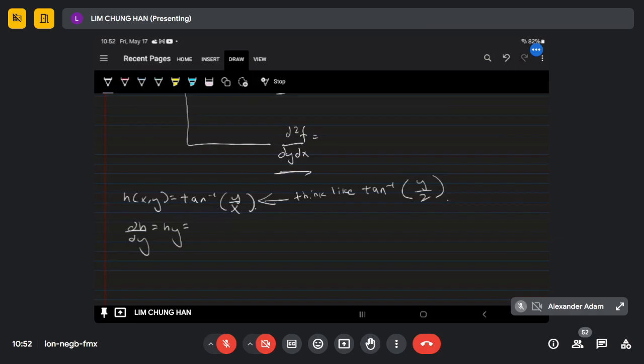So you know that the derivative of inverse tan x is 1 over 1 plus x squared. So if it's this, what do you think it is? Well, it's 1 over 1 plus (y over 2) squared.